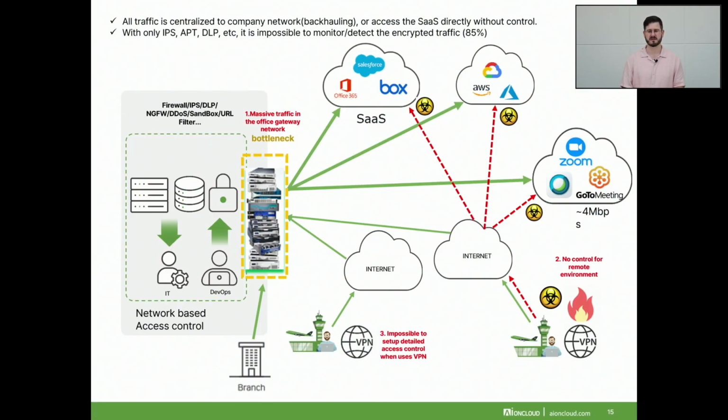Lastly, many of the security appliances located at headquarters, such as the IPS, the IDS, or the DLP, no longer work for detecting security issues that come through HTTPS, because 85% or more of internet traffic is encrypted, and therefore those devices can't decrypt and inspect that traffic.